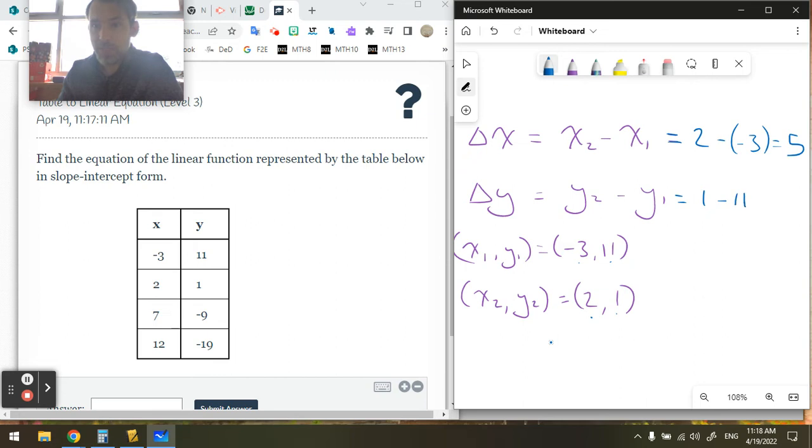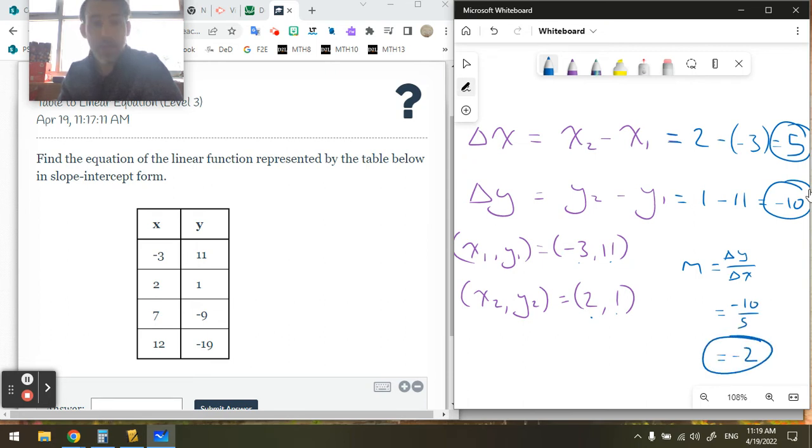So 1 minus 11 is negative 10. All right, so now I have my change in x and my change in y. And my m is equal to change in y, rise, over change in x. So that's equal to negative 10 over 5, which is equal to negative 2. Okay, so there's my m. These are the steps you take to find m. You can train yourself to do this in your head, no problem. You'll absolutely be able to do this with practice.